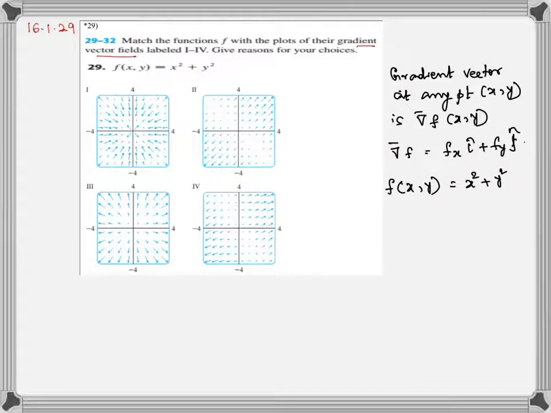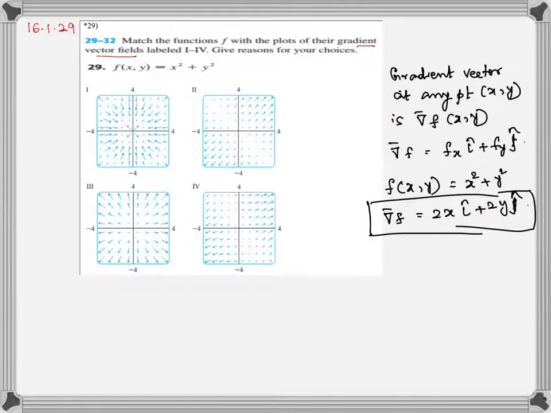So f sub x will be 2x, f sub y will be 2y. So del f is 2x i plus 2y j. So this is the gradient vector at every point x, y.